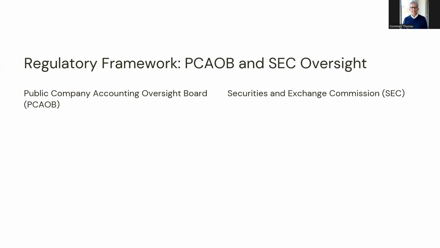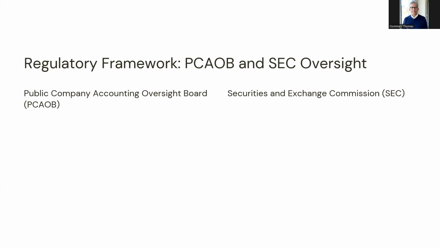And if they do not comply with the standards set by PCAOB, they then enforce compliance through disciplinary proceedings. And recognizing that many companies are global companies and they operate in many jurisdictions, PCAOB collaborates with international regulators to make sure that there is cross-border oversight.